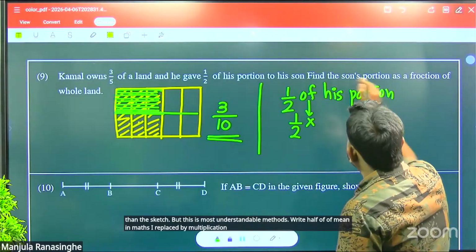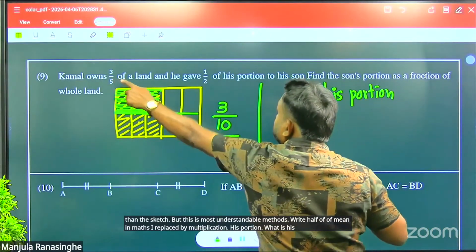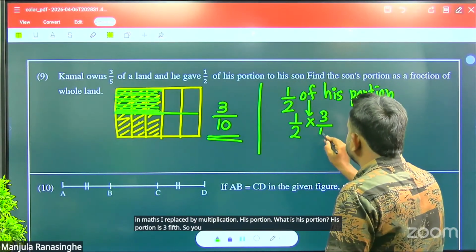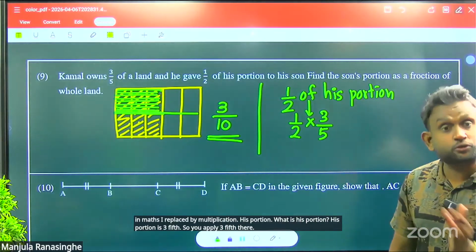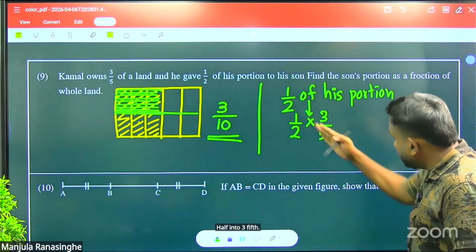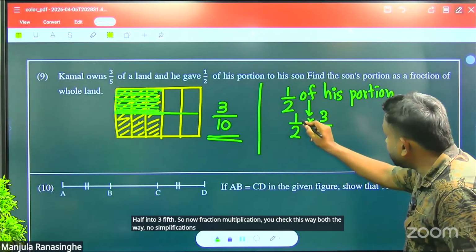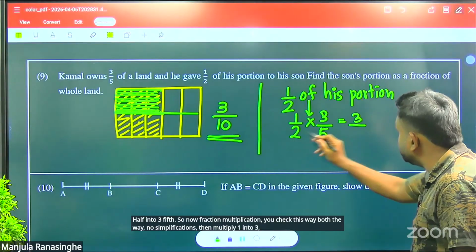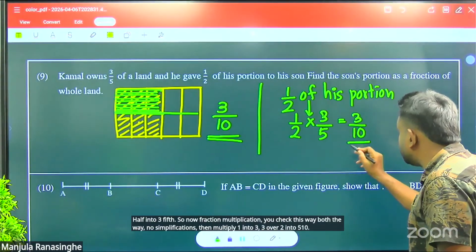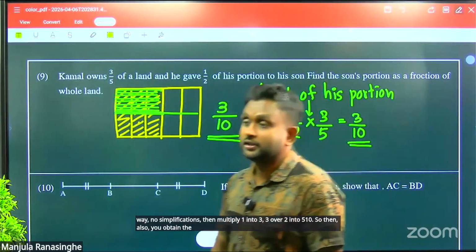What is his portion? His portion is 3/5. So you apply 3/5 there. Half into 3/5. Now fraction multiplication: no simplifications, multiply 1 into 3, 3 over 2 into 5, 10. So then also you obtain the same answer, 3/10.